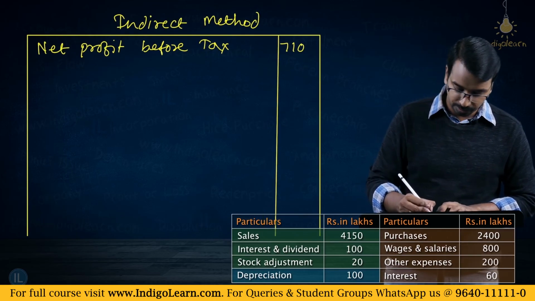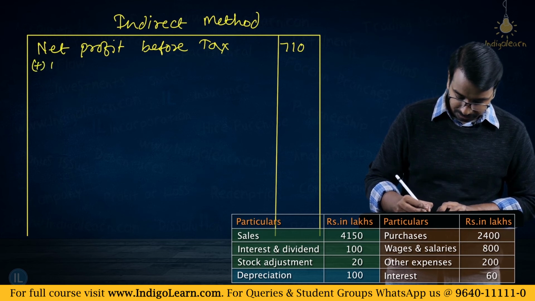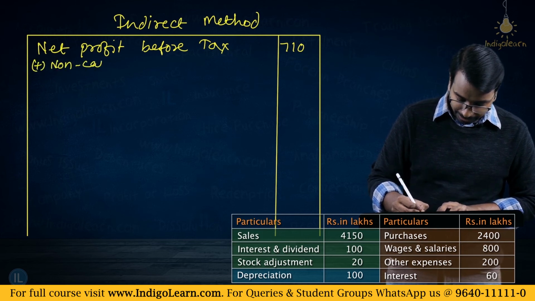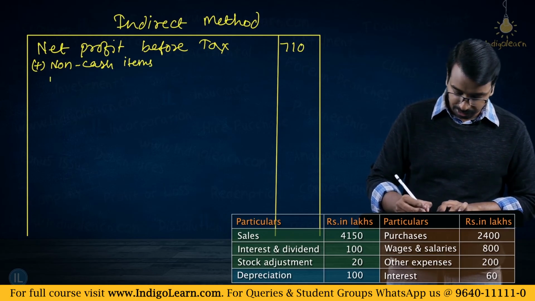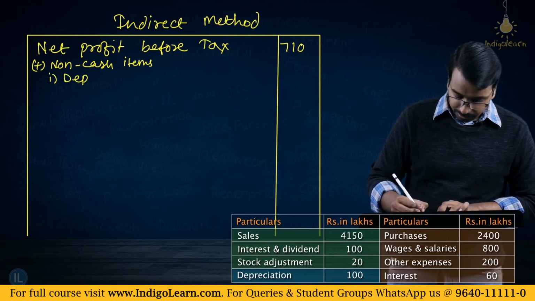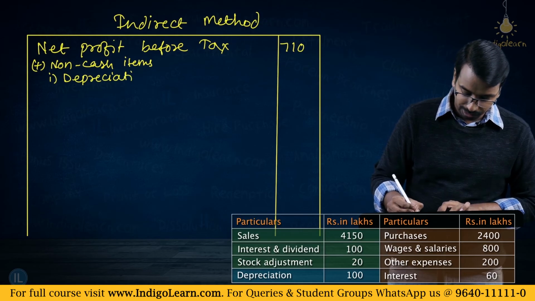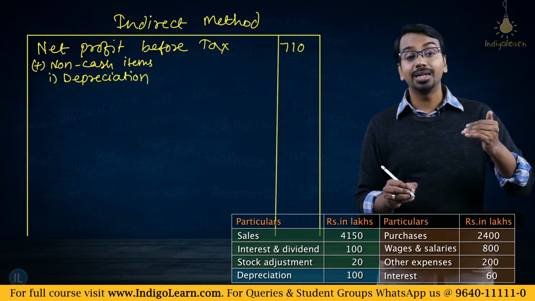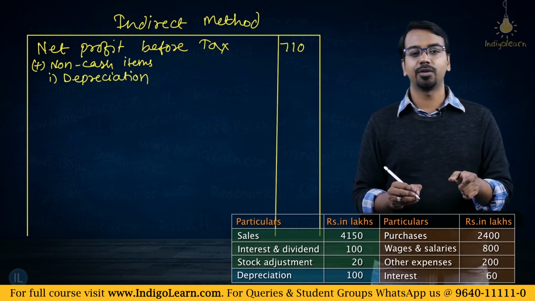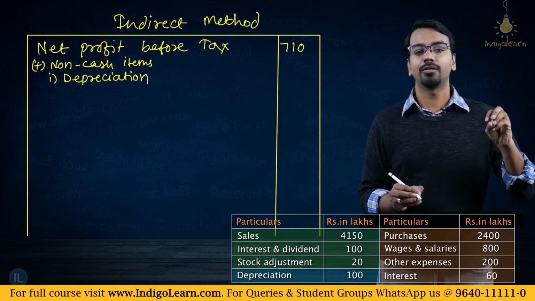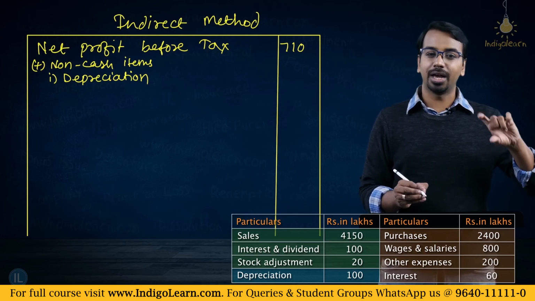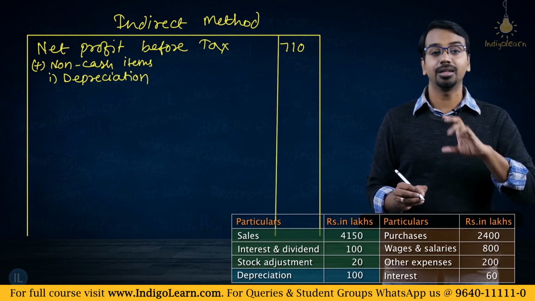So, what is the first adjustment? Add non-cash items. What is the non-cash item here? Here you have only one item, depreciation. And why are we adding back? Because we deducted depreciation while arriving at net profit, and depreciation does not involve any cash outflow. So, the effect of that earlier deduction we are nullifying.